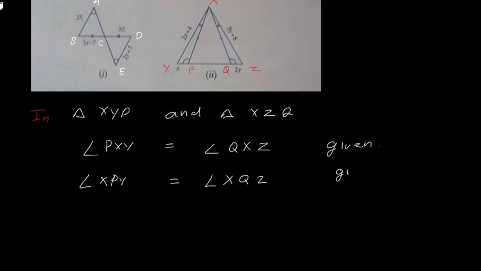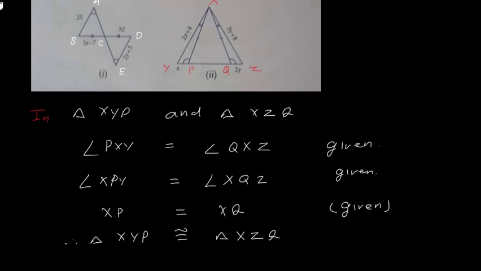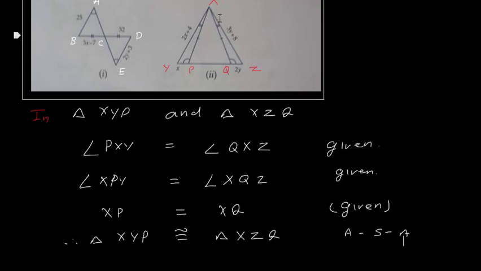This is also given. And we have XP equal to XQ. This is also given. So therefore triangle XYP is congruent to triangle XZQ. This is angle side angle criteria. Now by angle side angle, these two triangles are congruent.